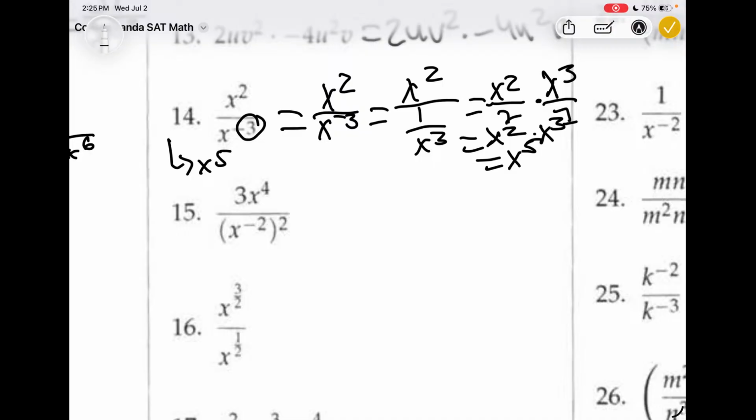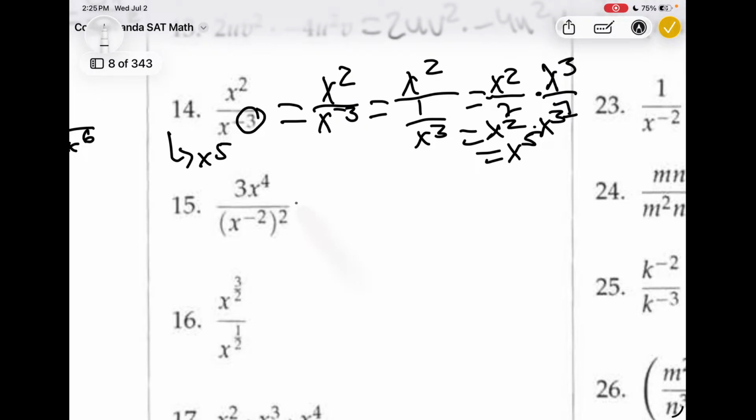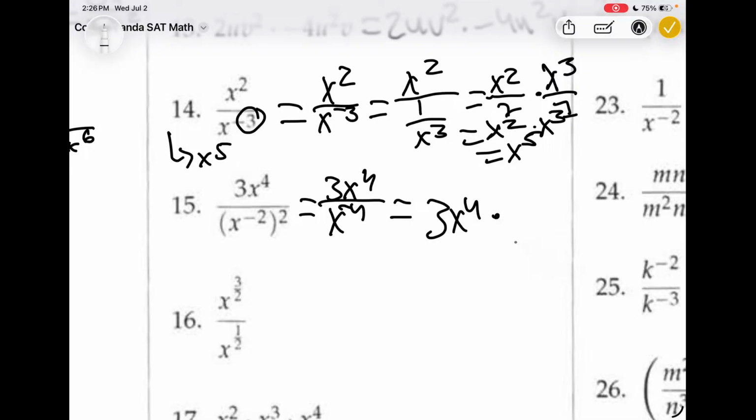3x to the 4th. Okay, so this is a similar problem here. So this right here is x to the negative 4th equal to 3x to the 4th times, so it'll be 1 over x to the 4th.